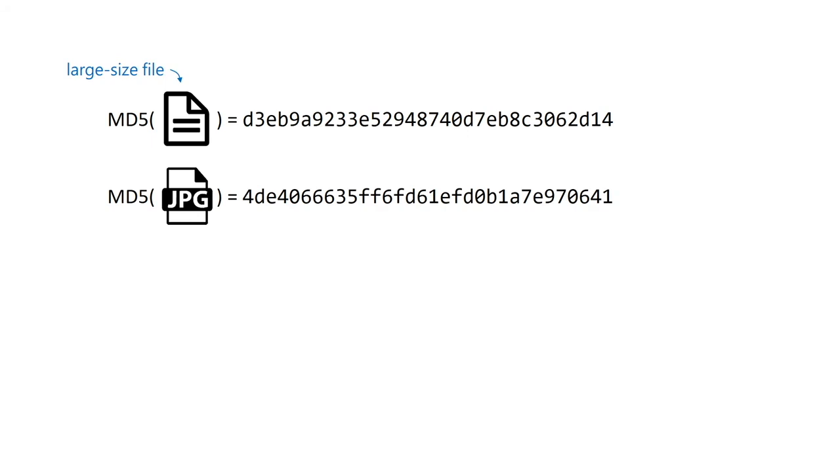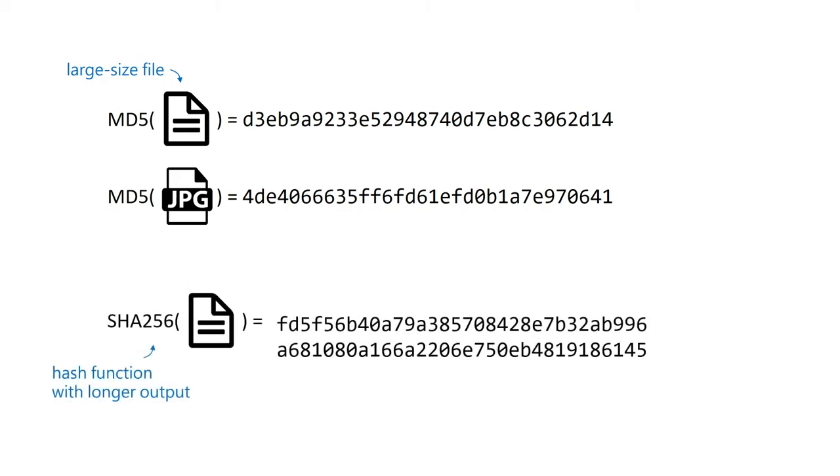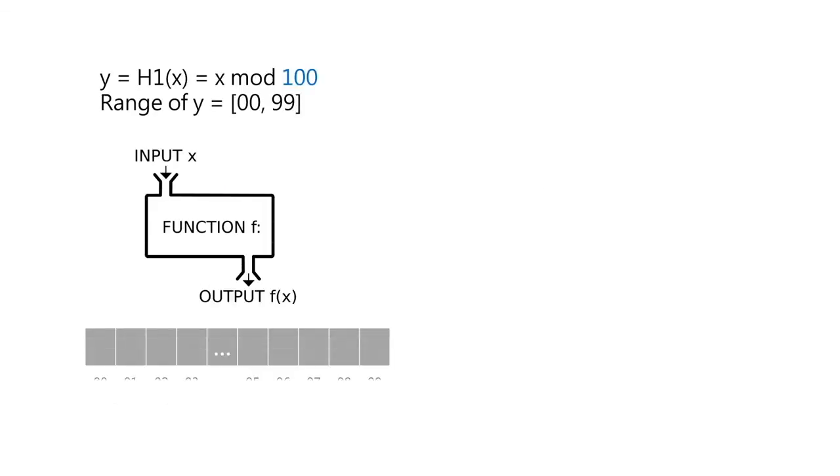Although we may have hash collision problems here, that is, different inputs may have the same hash values, generally speaking, if the length of the output digest is larger, we can lower the possibility of hash collision. It is easy to understand: if each output has only 2 digits, it has 100 buckets as the output.